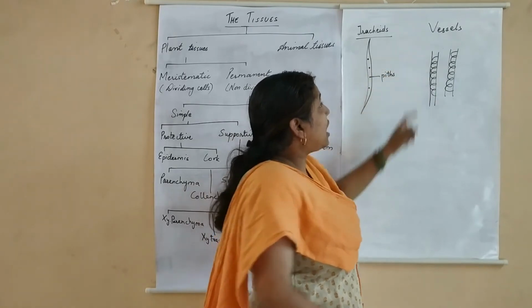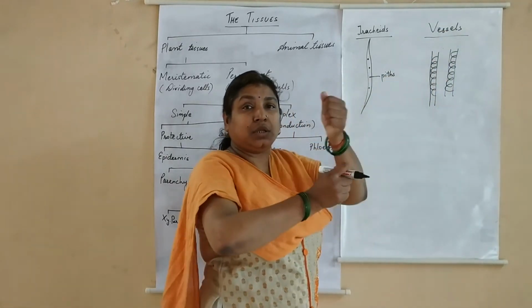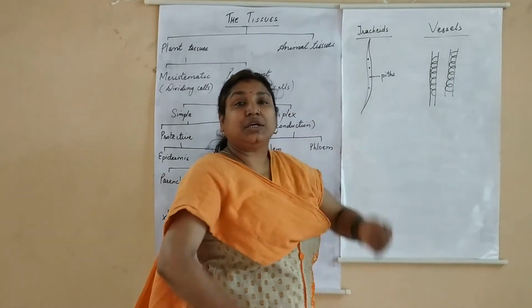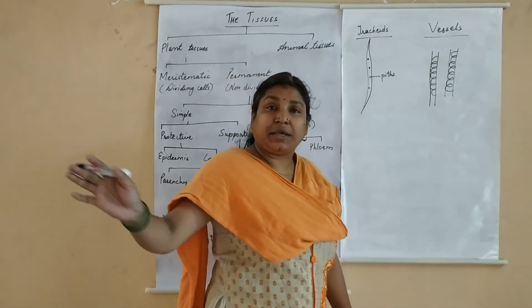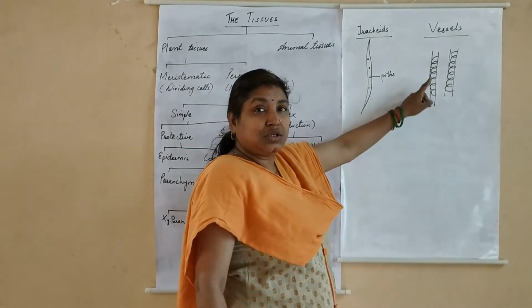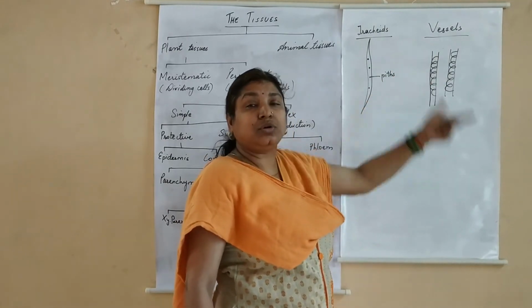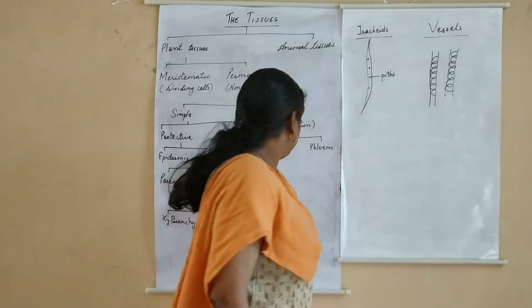And vessels are cylindrical tubes placed one above another, just like your water pipeline to conduct water. So these vessels collect water from the roots and conduct it to different parts of the plant.